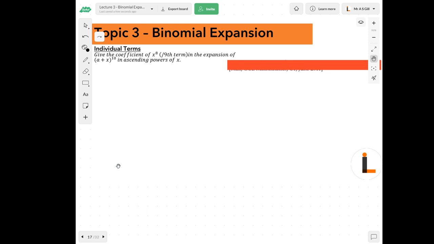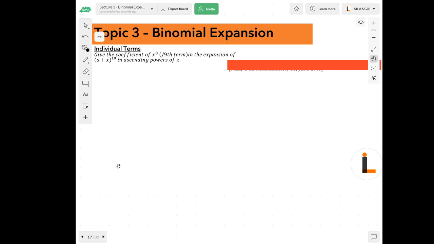In an exam or in textbooks, you will not see it written as x to the power of 8, the 9th term. But what I wanted to clarify is that when you're doing ascending powers of x in a question like this, the power of x is not the same as the number of the term. And this is where they try to catch people out, and where this question is designed to test your understanding of binomial expansion.